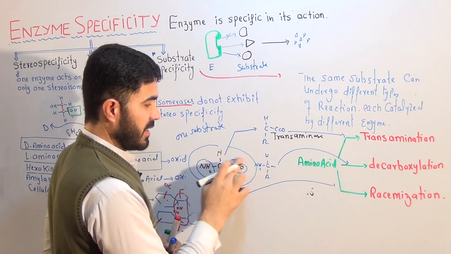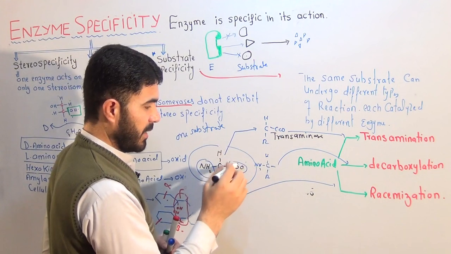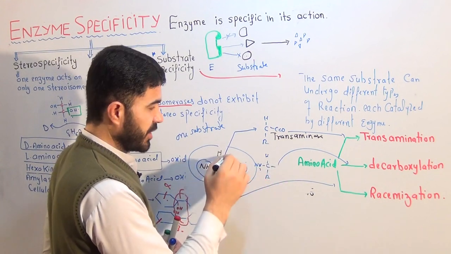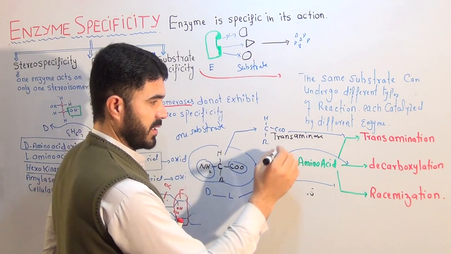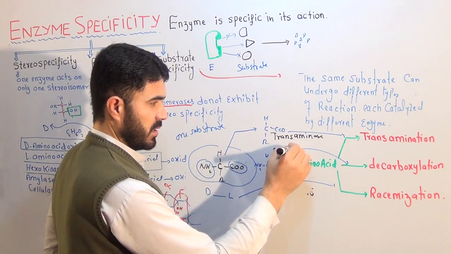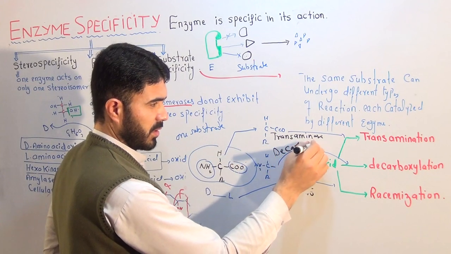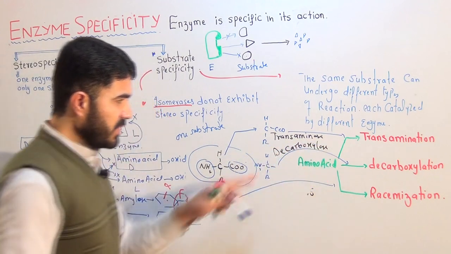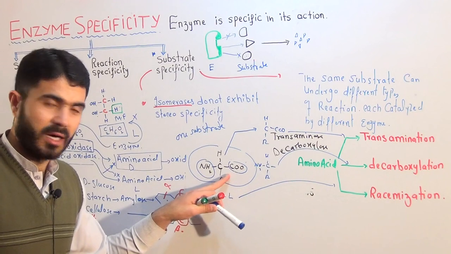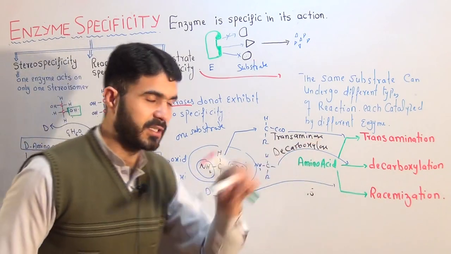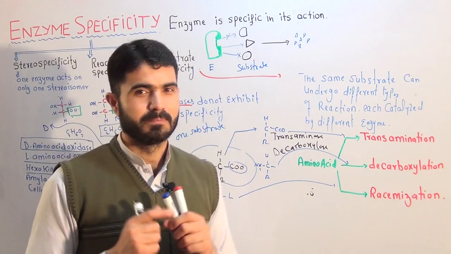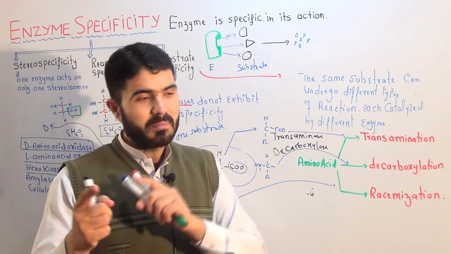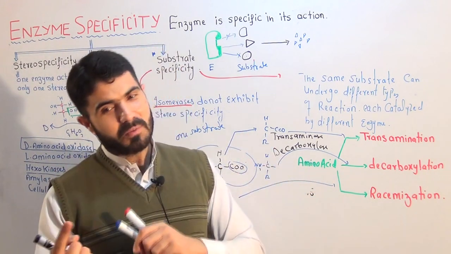If the enzyme is decarboxylase, and this enzyme is acting on the amino acid, then the reaction will be decarboxylation. And now once again we can see specificity: acting on one but avoiding the other.